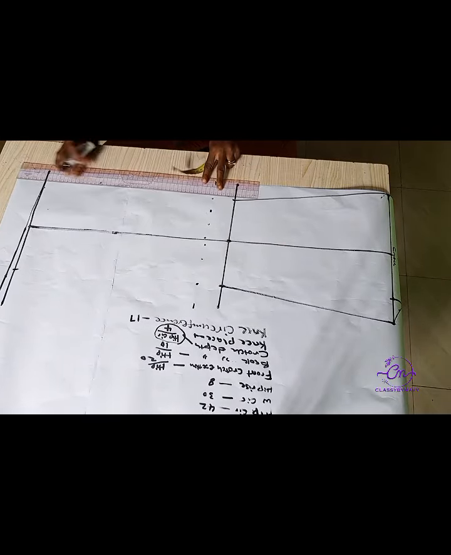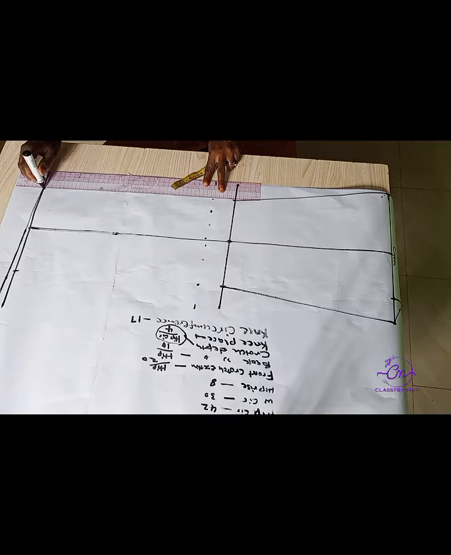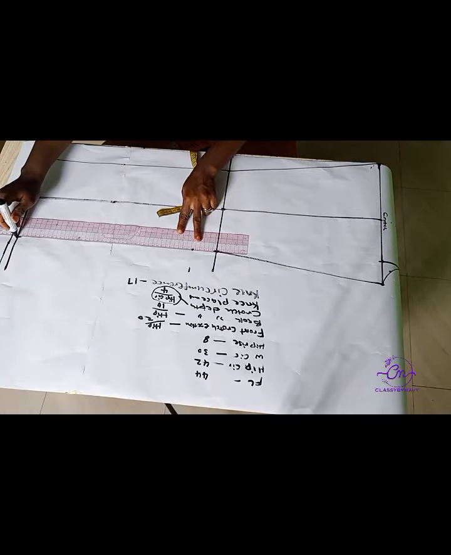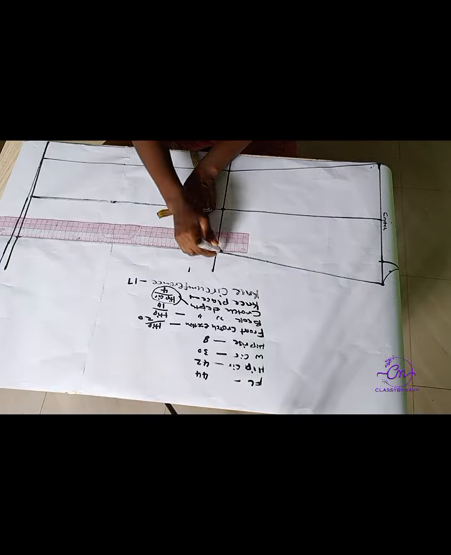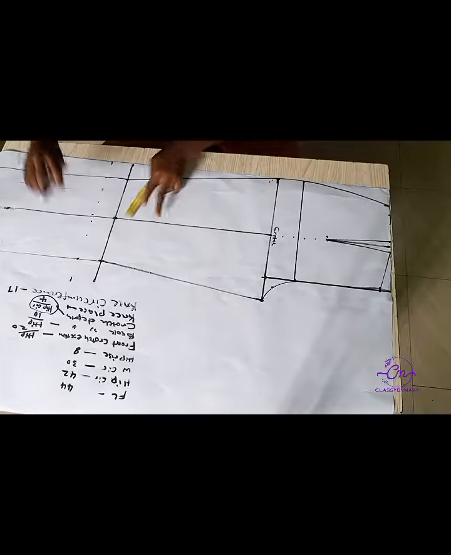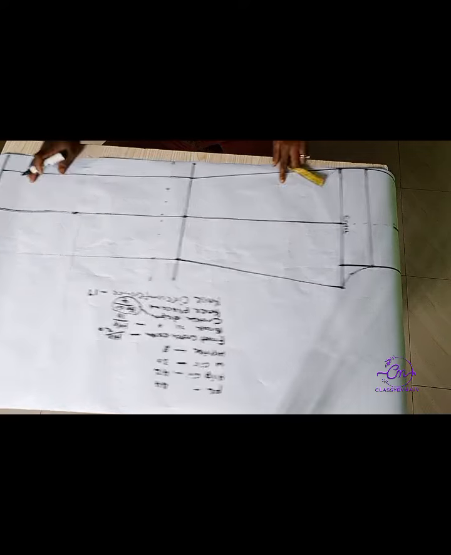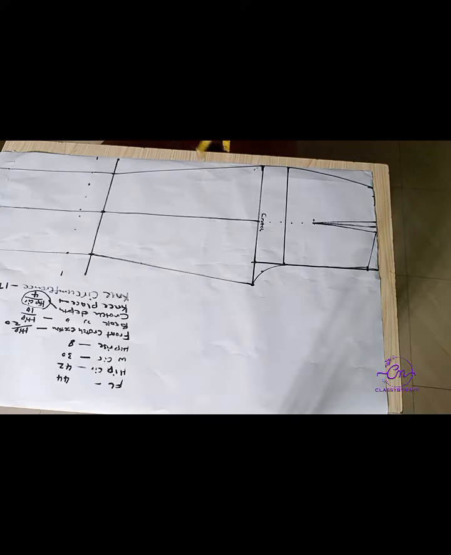So we are coming down straight. Very straight. So our front trouser pattern is complete. Can you see? Our front trouser pattern is complete.